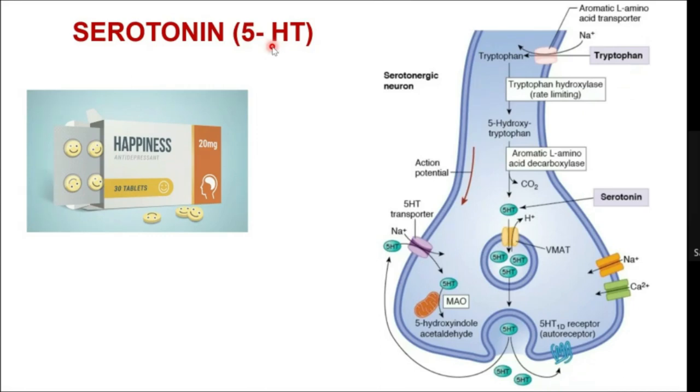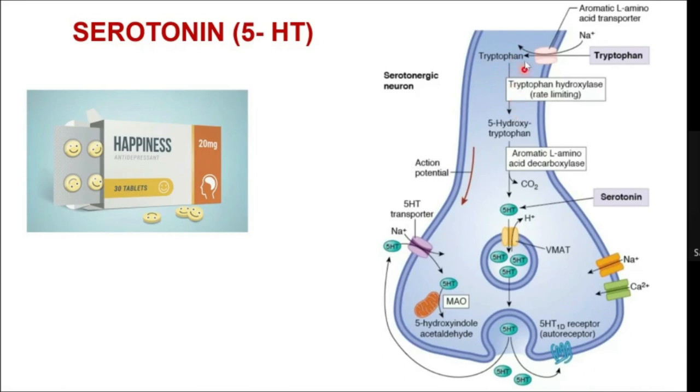So let us start with the steps. Tryptophan gets converted to 5-hydroxytryptophan in the presence of a rate limiting enzyme, and what is this enzyme? Tryptophan hydroxylase. Tryptophan hydroxylase does the conversion of tryptophan to 5-hydroxytryptophan.